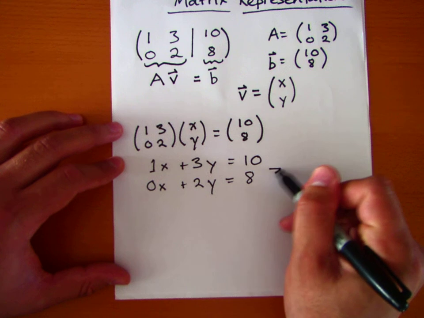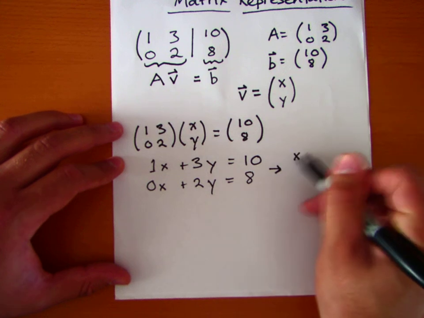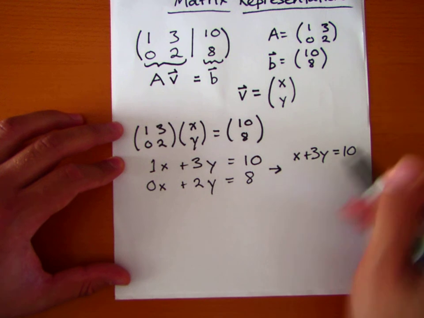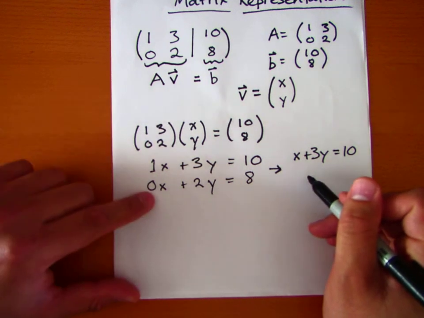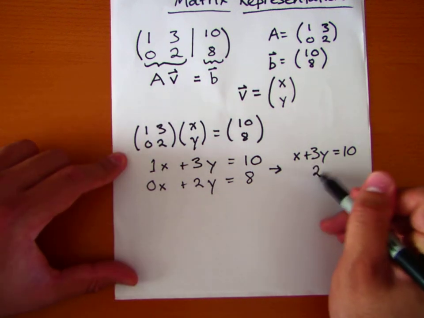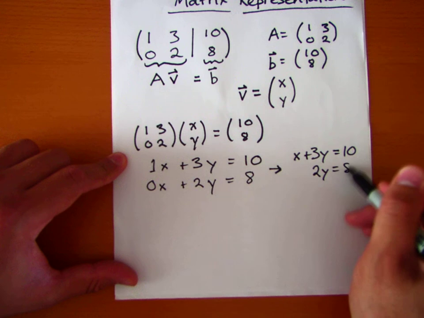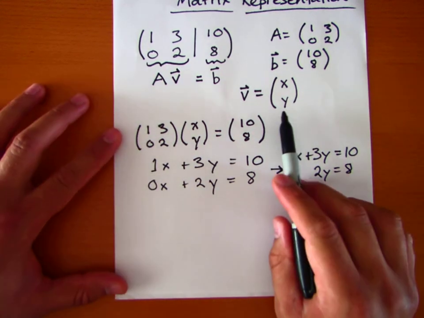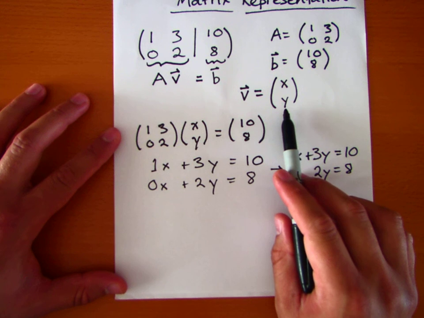Or this just reduces down to X plus 3Y is equal to 10. And 0X plus 2Y is equal to 8.